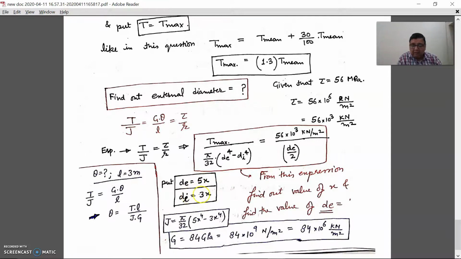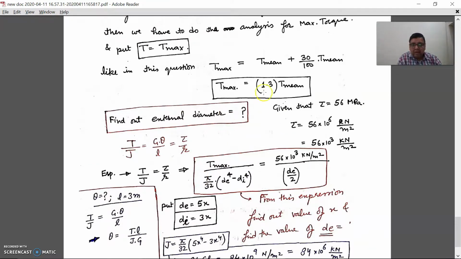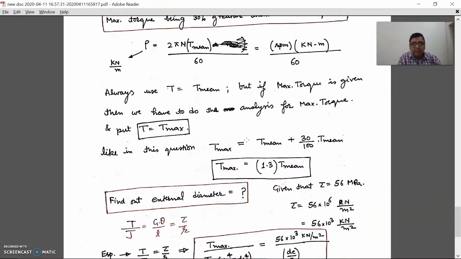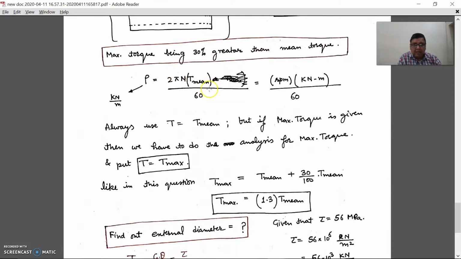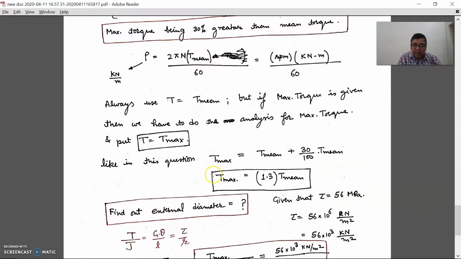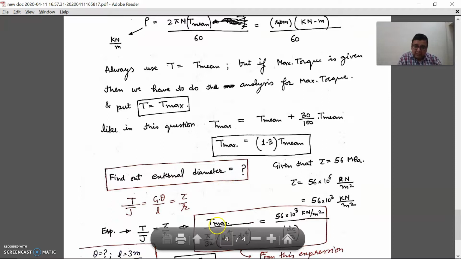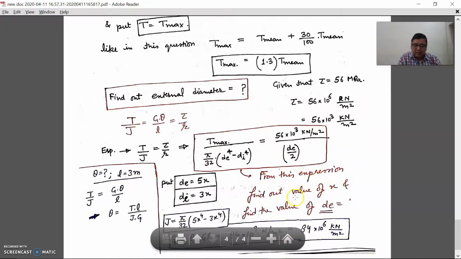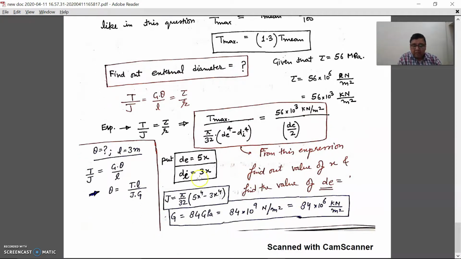We'll substitute the same values into this equation and get the value of x, because x is the only unknown. T max we will get from the power equation, because P is given and N is also given. From this equation we'll get T mean, and then T max. Then T max goes into this equation, where the only unknown is x. Once we get x, we can find the value of theta asked in the question.